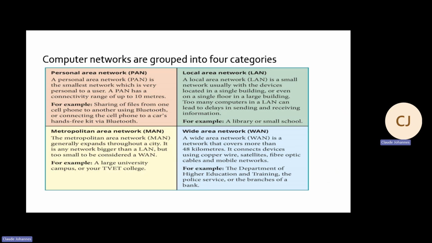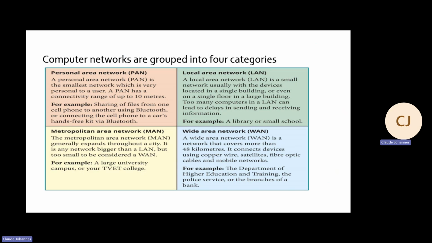A personal area network is the smallest network which is very personal to you as the user. It has a connectivity range of 10 meters. An example of where we would use this type of network is when you are sending your friend a song via Bluetooth.